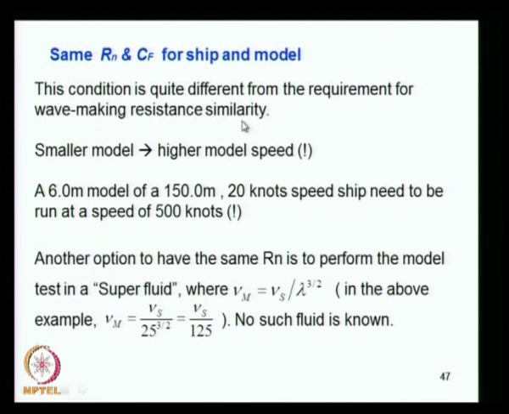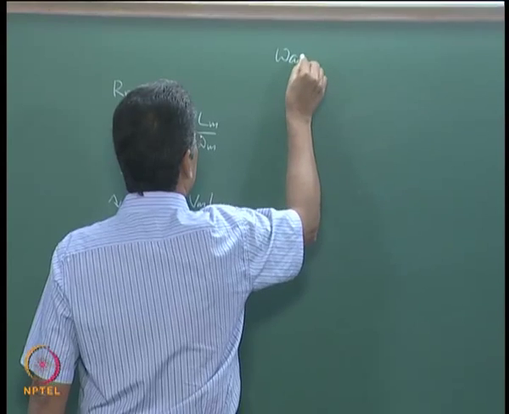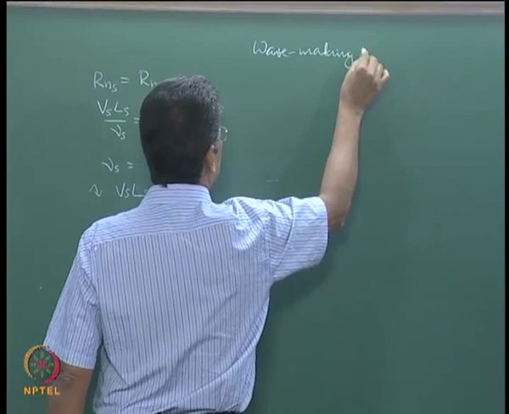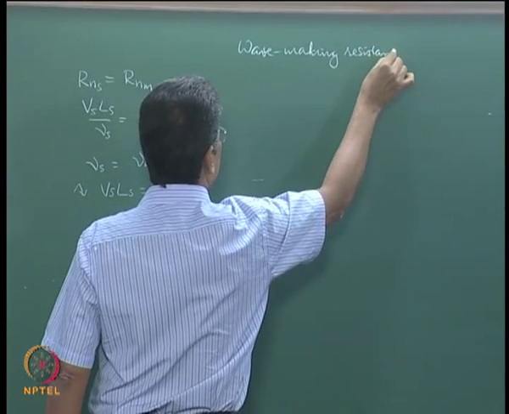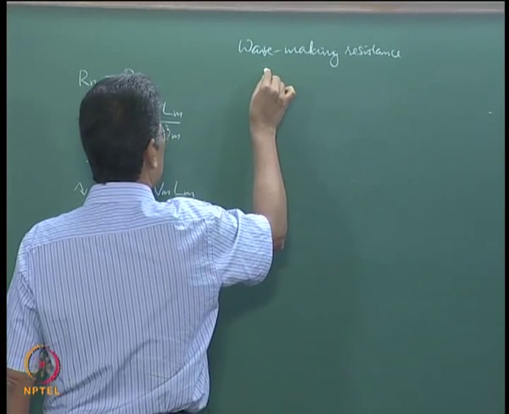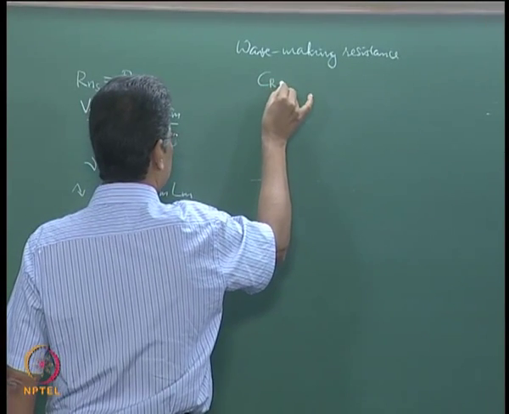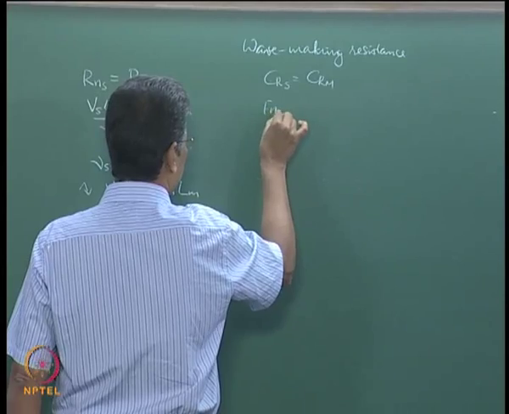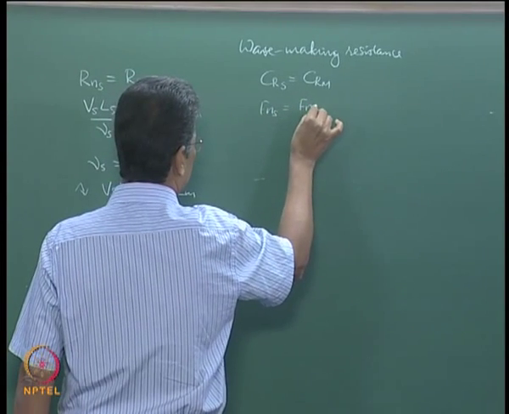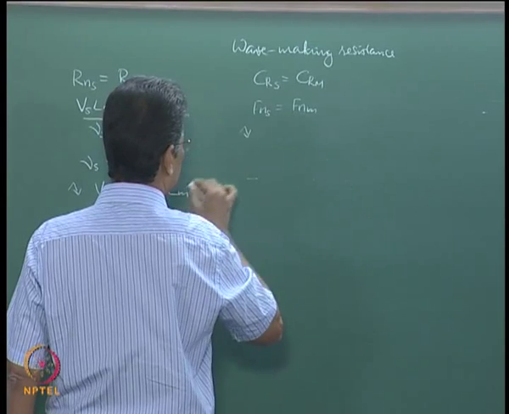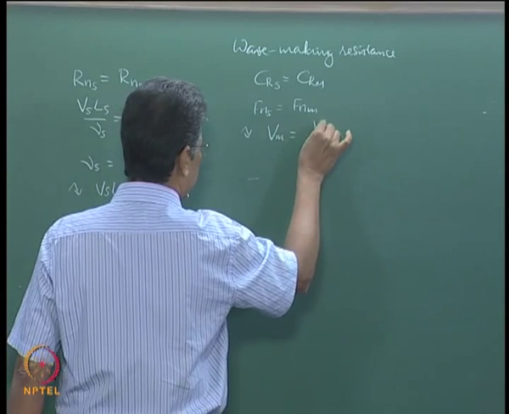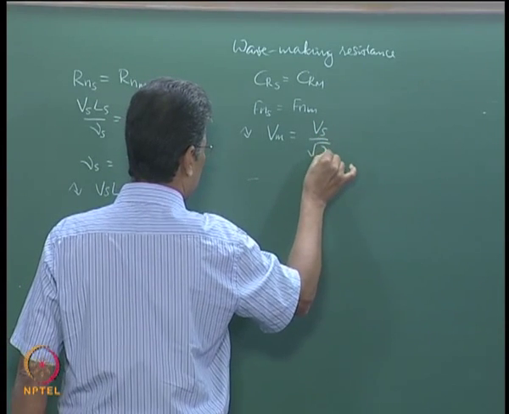We have already seen that wave making resistance prediction from a model test matches between ship and model, that is the coefficient CRS is equal to CRM, only when the Froude number of ship is equal to the Froude number of model. Which implies that Vm is equal to Vs divided by square root of lambda.